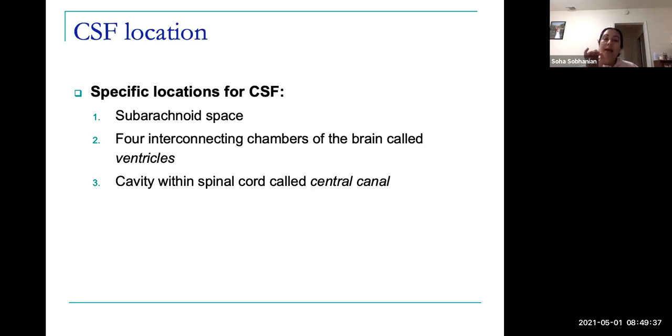Another place we can find CSF is your spinal cord, that snake-like structure going down the back of your body. Imagine there's a hole right inside of that. That hole is called the central canal, and the central canal also contains your CSF.